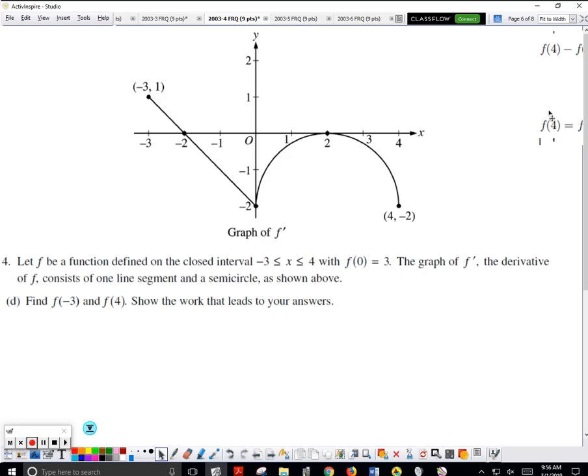So same thing, fundamental theorem. If I integrate from 0 to 4, f prime, that's going to equal f of 4 subtract f of 0. I do the rearranging, I find out that f of 4 is going to equal f of 0 plus this time.